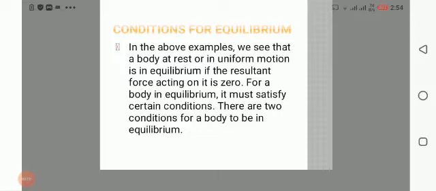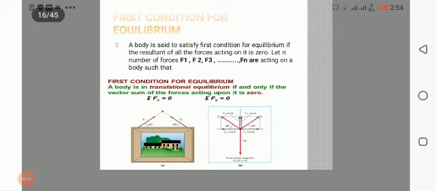There are two conditions for a body to be in equilibrium. First condition for equilibrium: a body is said to satisfy the first condition for equilibrium if the resultant of all the forces acting on it is zero.